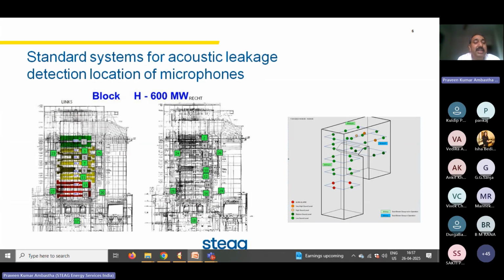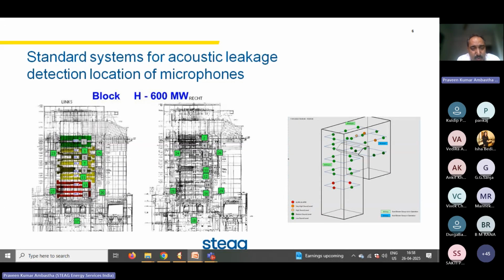Here you can see that if you don't have the acoustic signals, you will have to install these acoustic sensors, and these are the places where you have to install them. If they are already installed, there is no problem. The locations of the microphones will be like this.